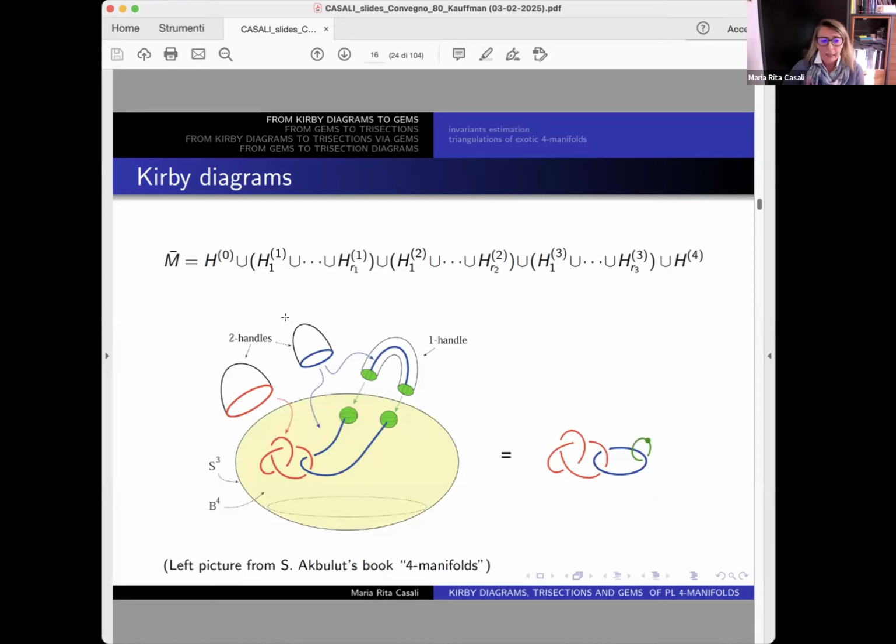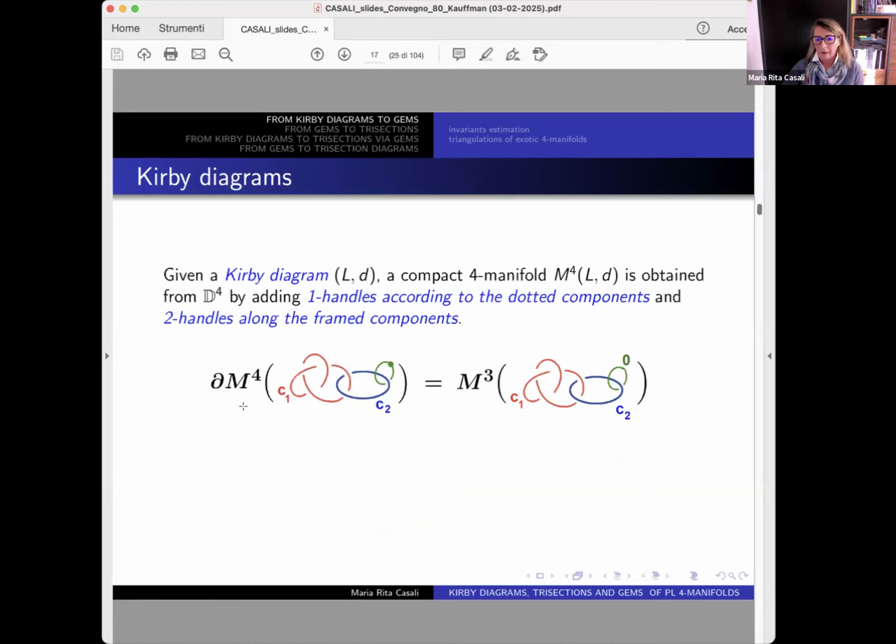Actually, the Kirby diagram represents only the compact four-manifold obtained by considering only handles up to index 2, but its boundary is exactly the three-manifold obtained by Dehn surgery on the associated framed link, which is obtained from the Kirby diagram by replacing each dotted component with a 0-framed trivial one.